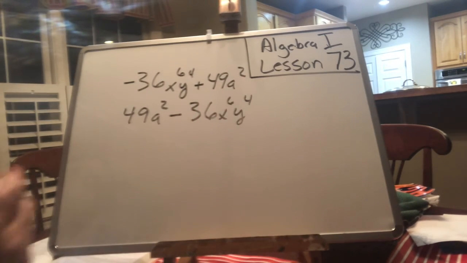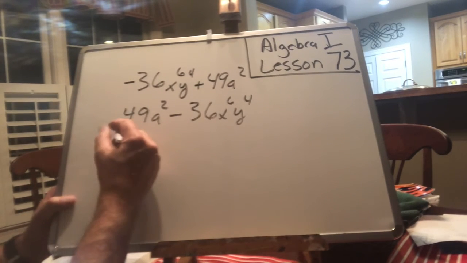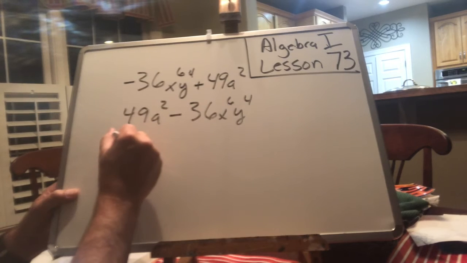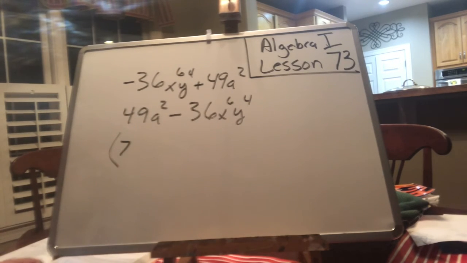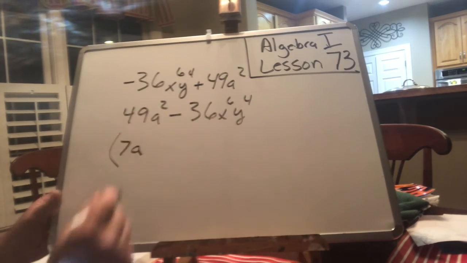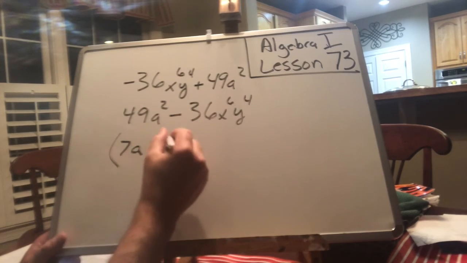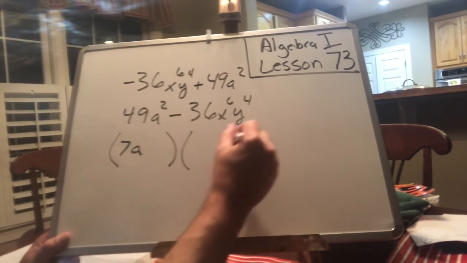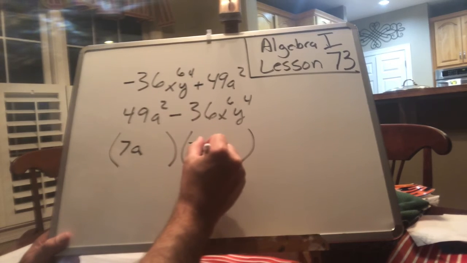So now what's the square root of 49a squared? It would be 7a, because 7 times 7 is 49. Finish off my parentheses right here. So I have 7a over here.